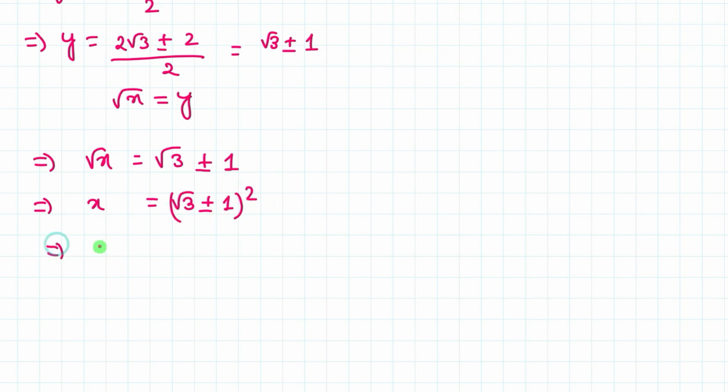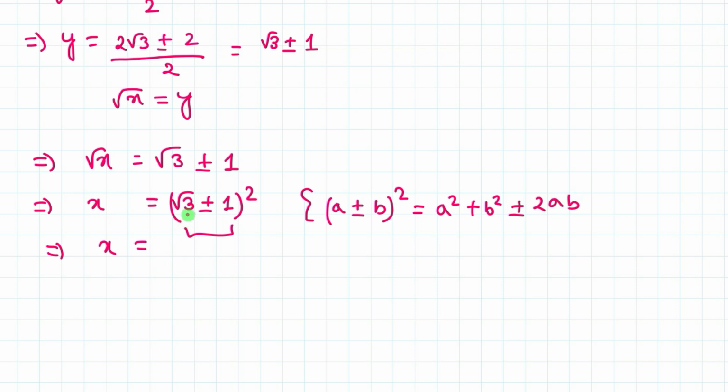Now here I will apply the identity (a ± b)² = a² + b² ± 2ab. Here a is √3, so (√3)² is 3, plus b is 1, so 1² is 1, plus or minus 2 multiplied with √3 multiplied with 1.